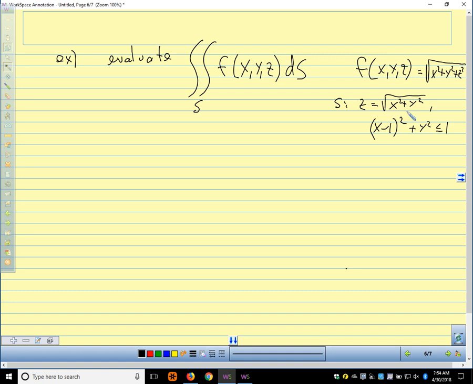What's that? This is a cone, right? And it's an upper cone because we just have the positive square root. What is this second piece telling us?